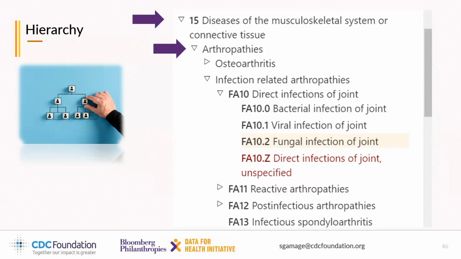If you go down, you have arthropathies, and you can go further down, infection-related arthropathies, and if you go further down, FA10.2, fungal infection of joint. So this is the hierarchical structure of the ICD classification. This is called hierarchy.